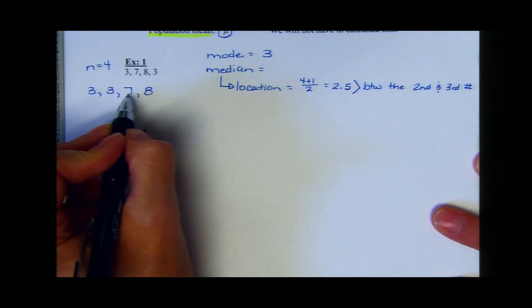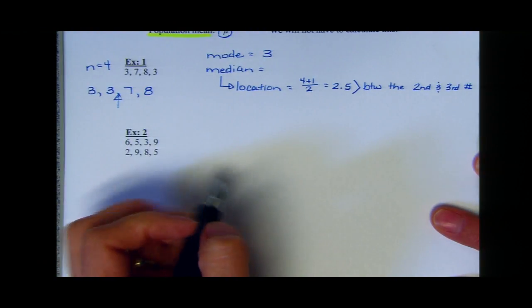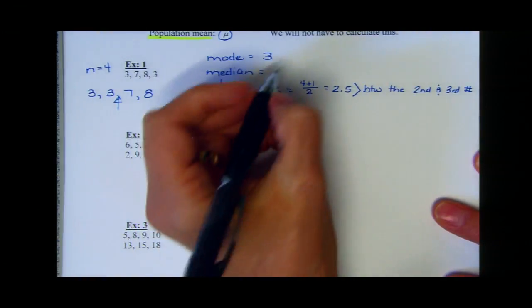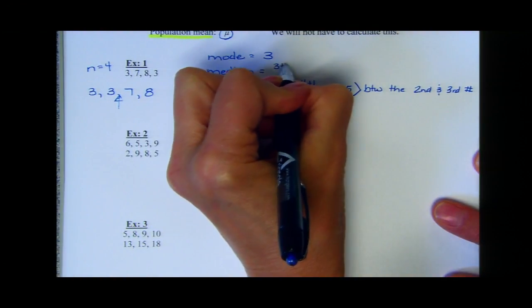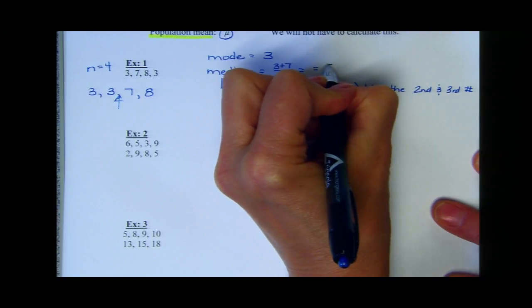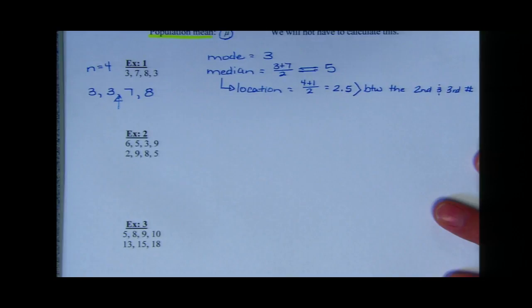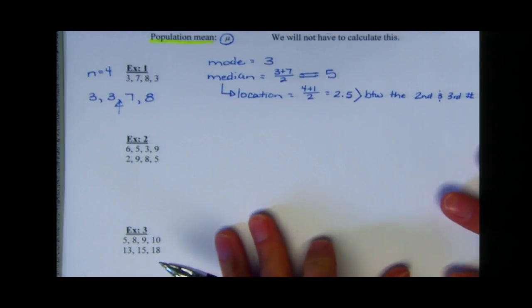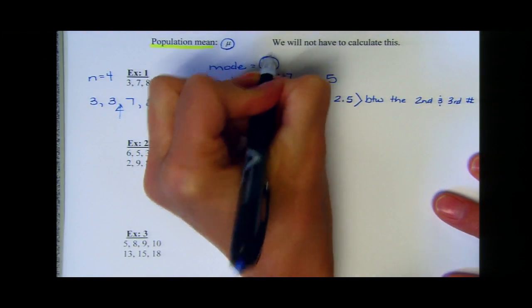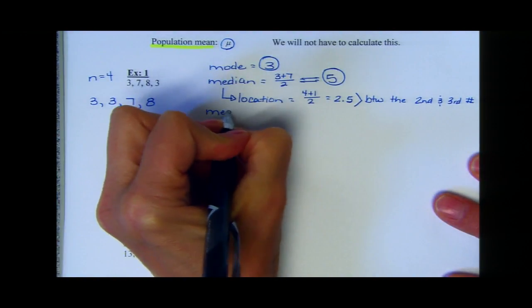So my median is located between these two. So in this particular example, to find the median, we will add 3 plus 7 divided by 2, which will give us 5. So we have the mode is 3, the median is 5, and now we're going to calculate the mean.